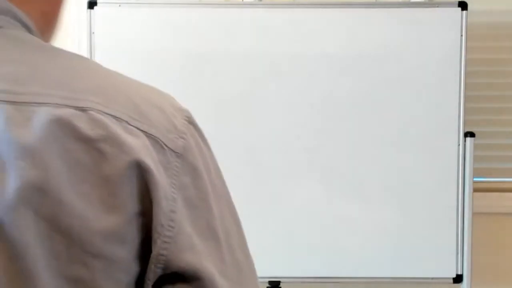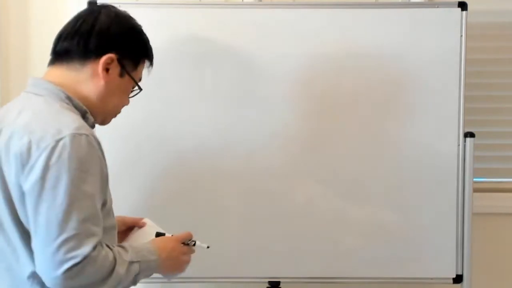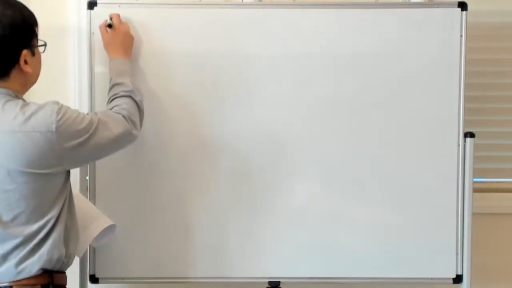Okay, so now we're going to talk about an example of an important sort of matrix manifold, which is called the Stiefel manifold.